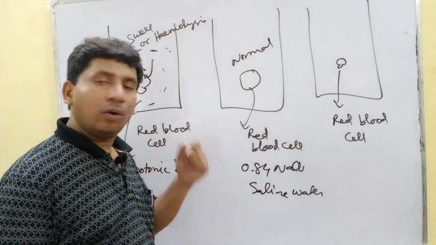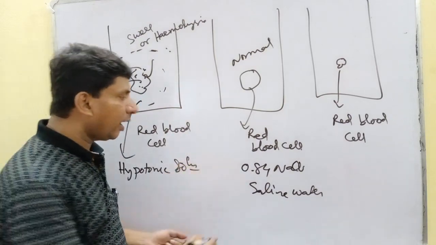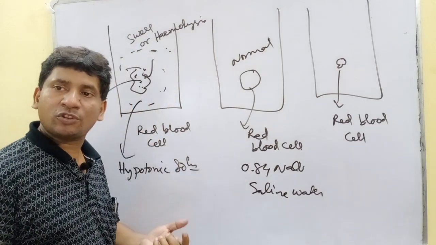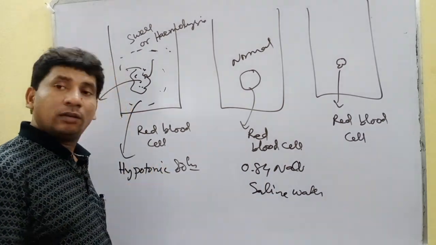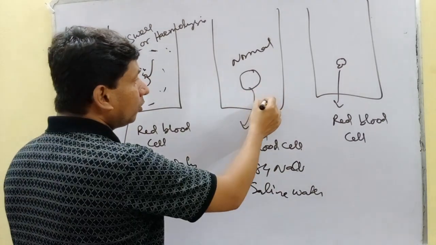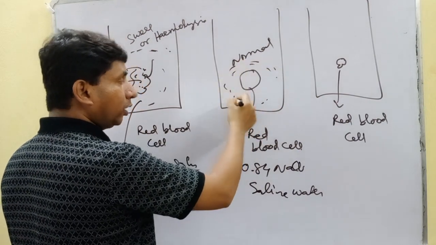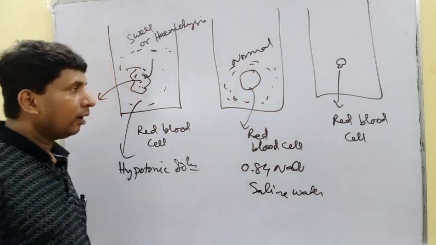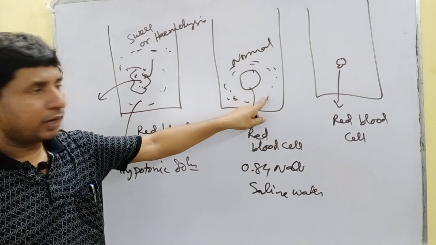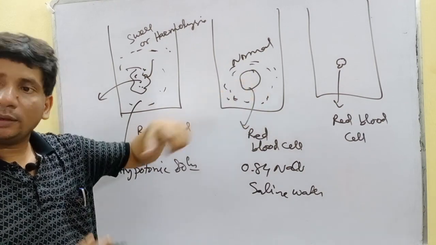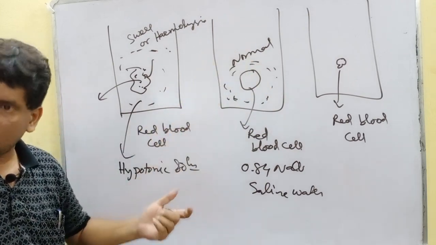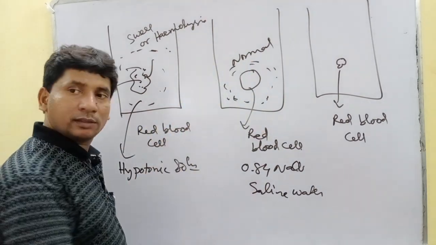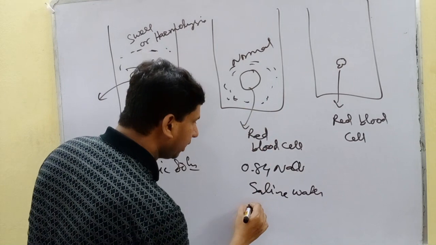So it is known as an isotonic solution. Isotonic solution means when the pressure of the solution outside and inside the cell is the same, then it is known as an isotonic solution. This solution is known as isotonic.